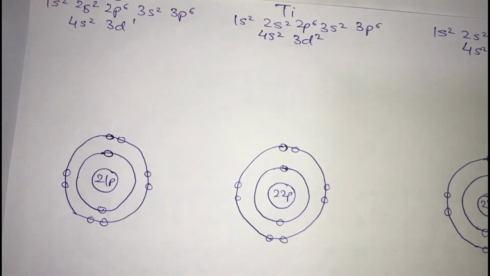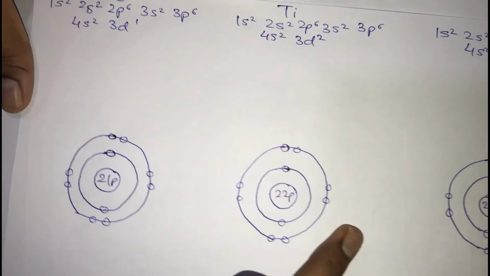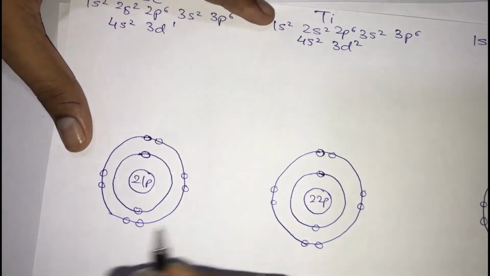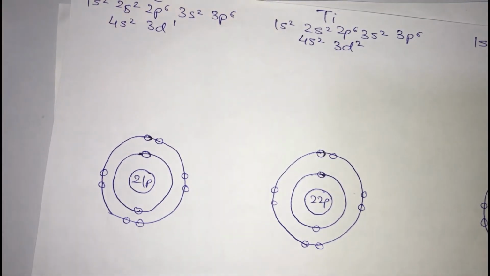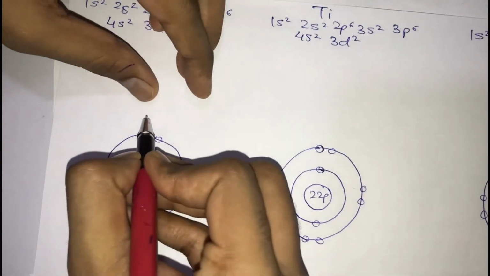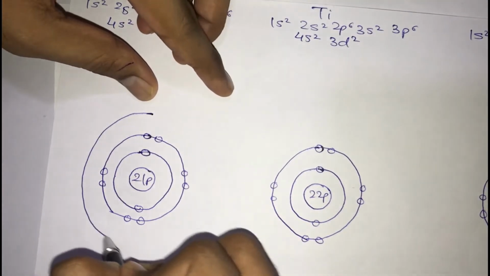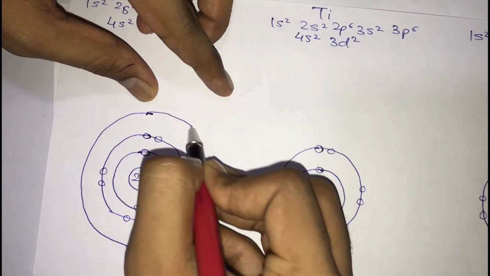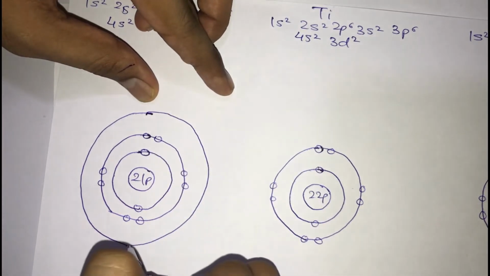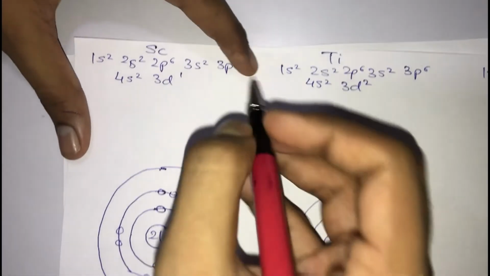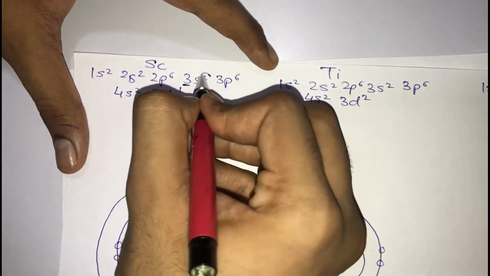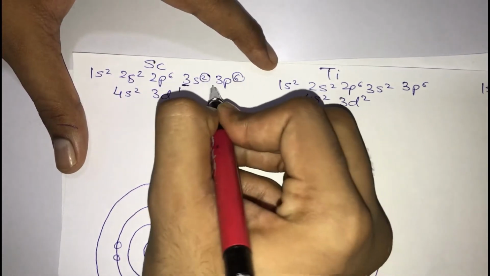Okay, so here we have already drawn the two energy levels. Moving on to the third energy level. When I draw the third energy level, inside it there are these 2 electrons plus these 6 electrons. So 2 plus 6 is going to give you 8.